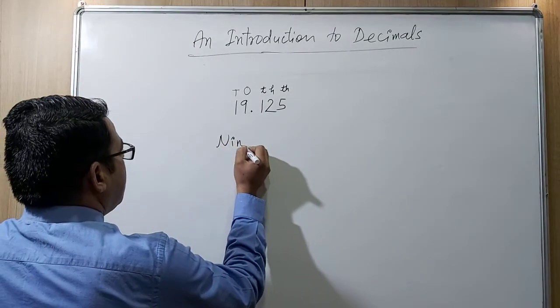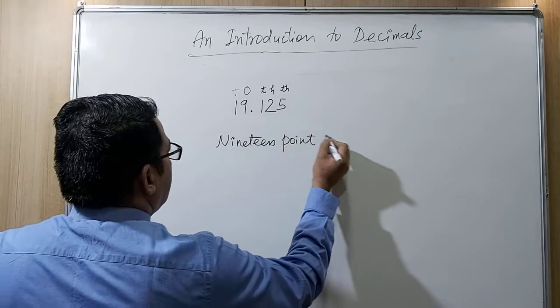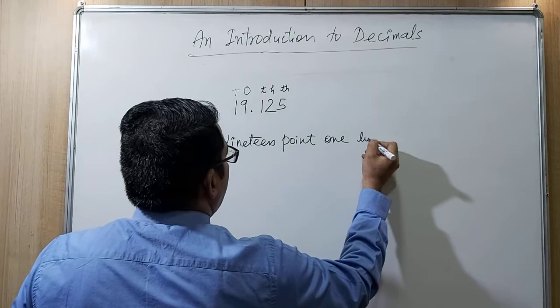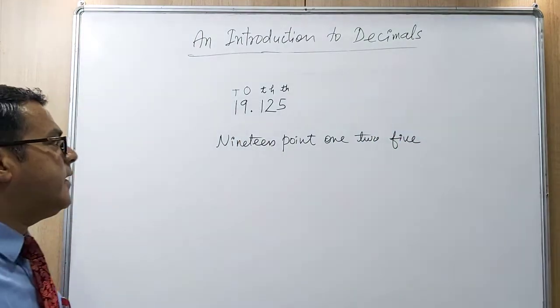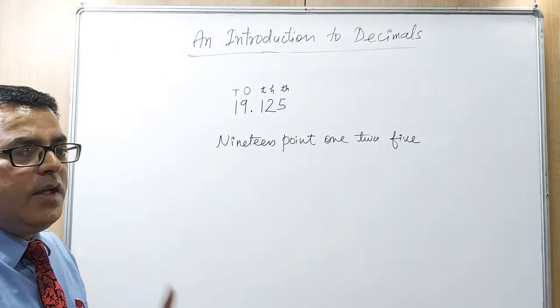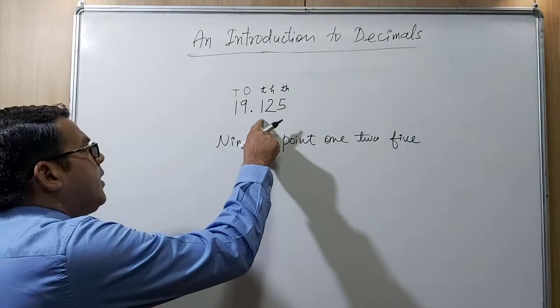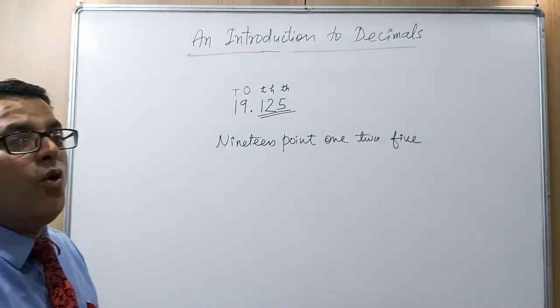We read it as 19, then point, 1, 2, and 5. Don't read it as 19.125 as a whole. Why? Because after the decimal, this is not an integer. This is not a whole number.